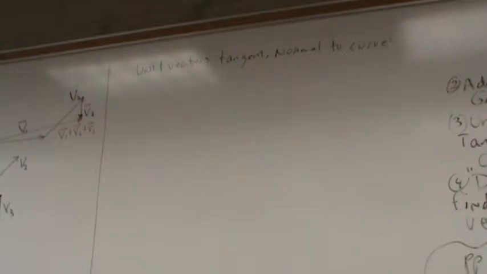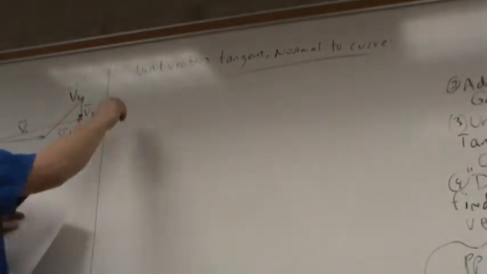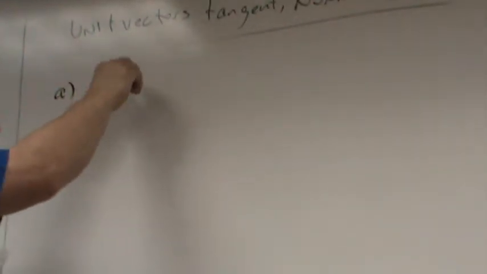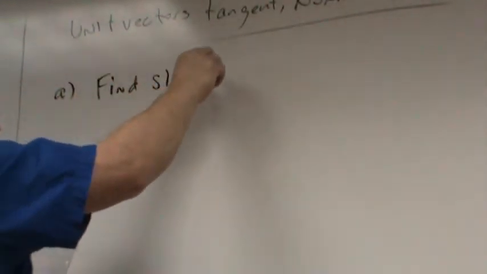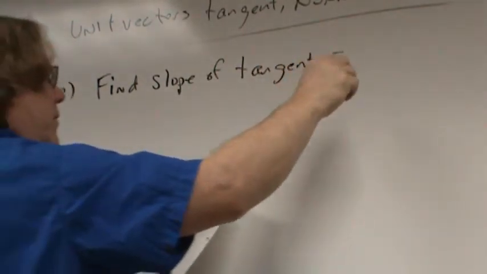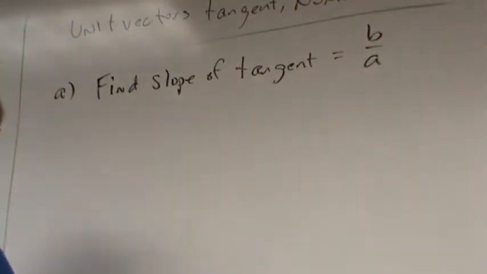All right, great. Here we go. Unit vector tangent to a curve. Here's the two-step process we're going to do. Step 1, find the slope of the tangent line. And let's say the slope of the tangent line is b over a.